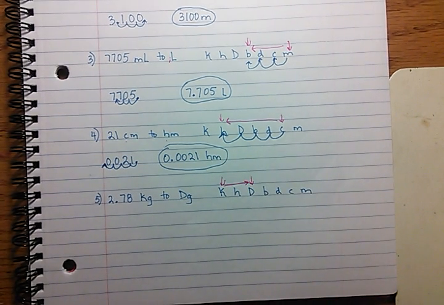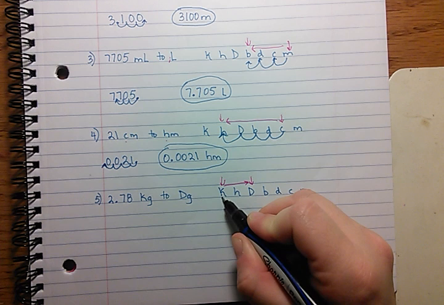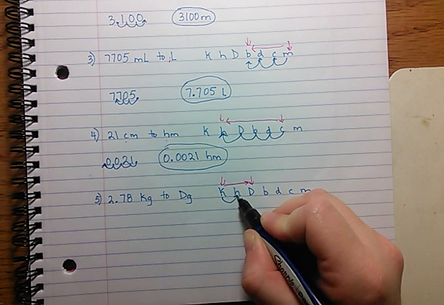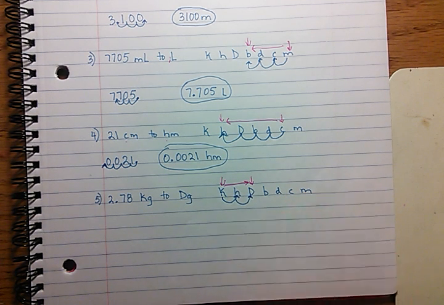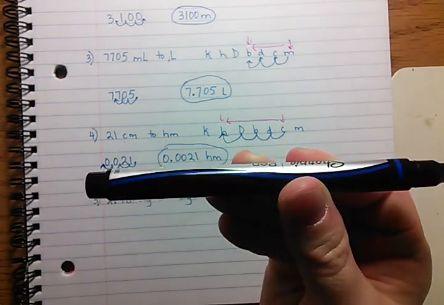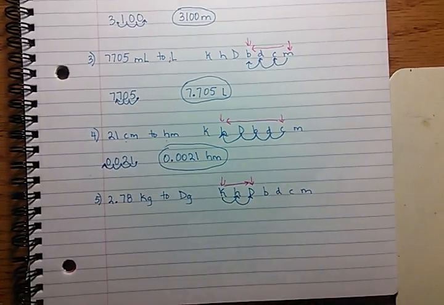So we're going that way. And how many places is that? So we don't count the one we start on. So we go 1, 2. So we are going to end up moving the decimal 2 places that way.